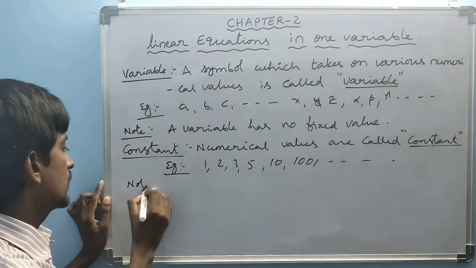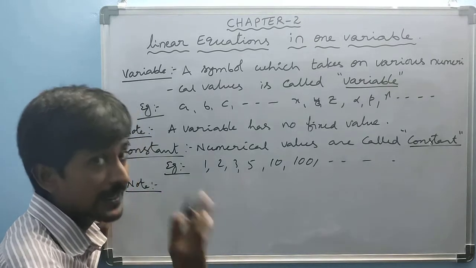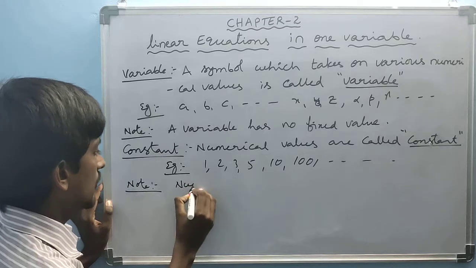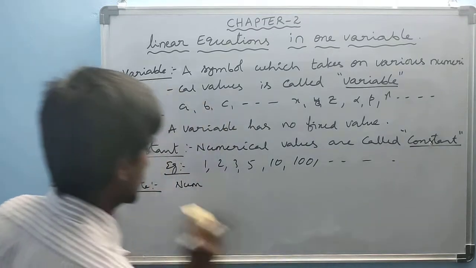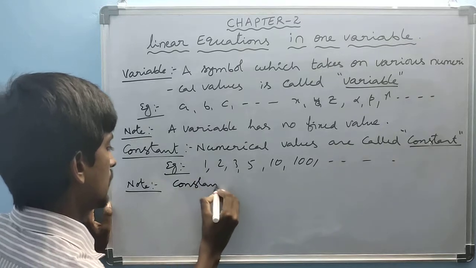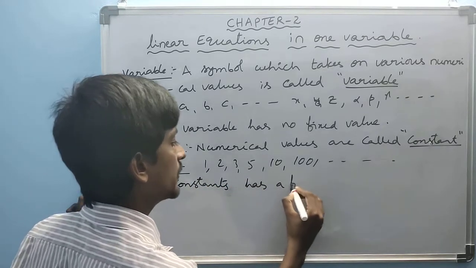Note: a number has a fixed value. It cannot be changed. Constants have a fixed value.